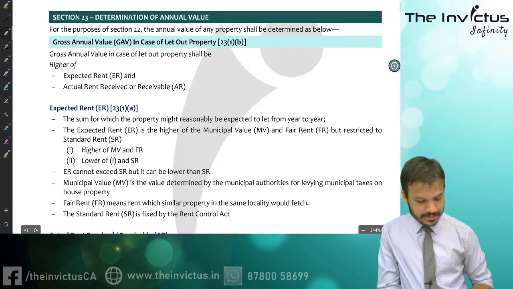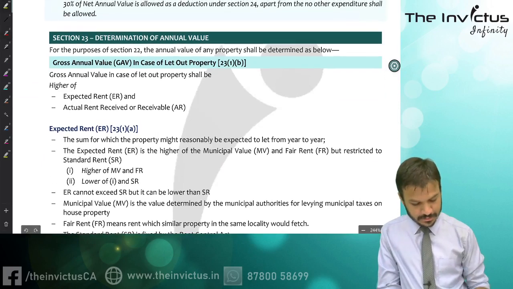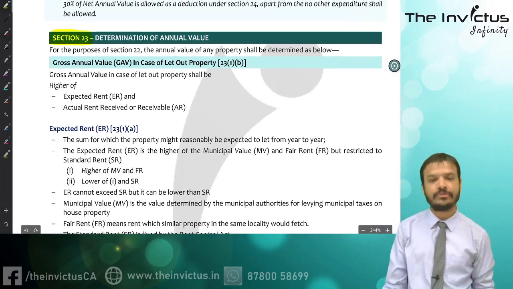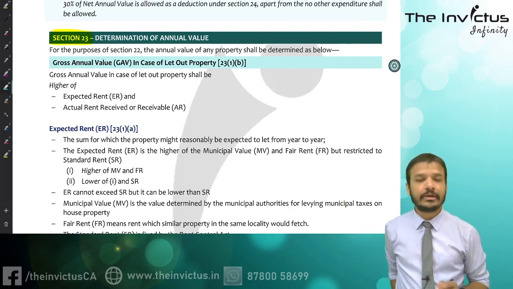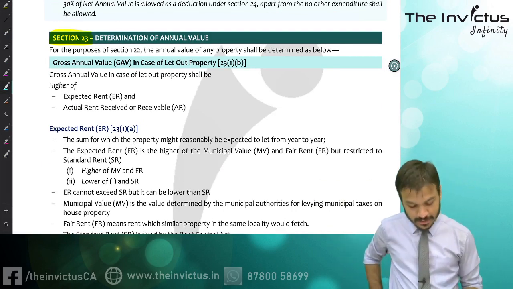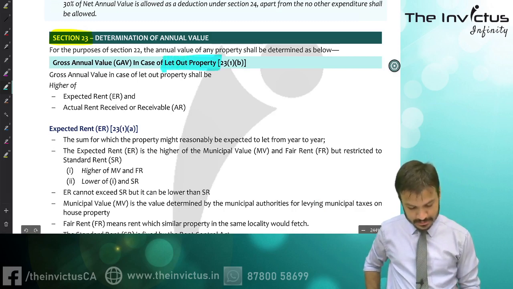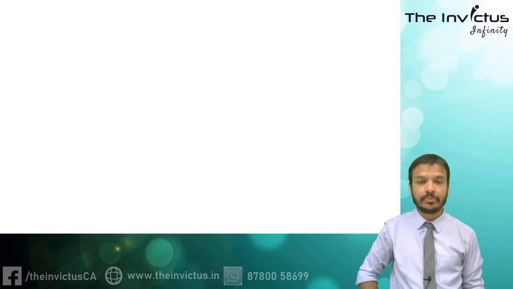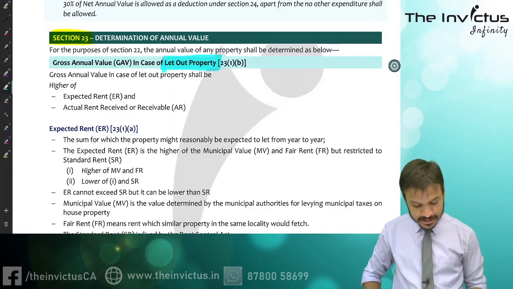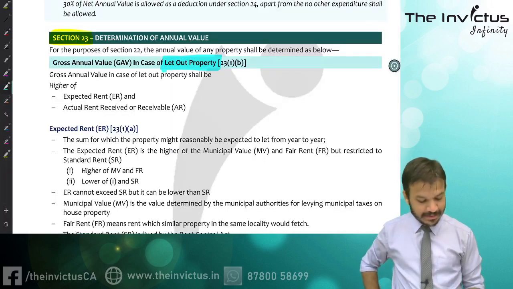Now we are coming to section number 23, talking about determination of annual value. So first, we are computing gross annual value in case of let out property.